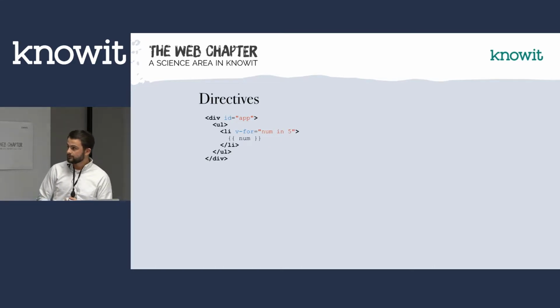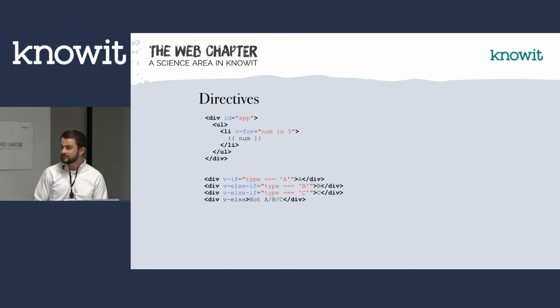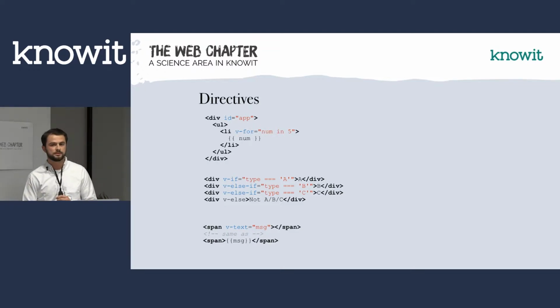So we have v-for, which is a for loop. And then we have if statements, if you like that. So we have v-if, v-else-if, and v-else. And then we also have v-text, which just binds an object to just the text, it doesn't do anything else.